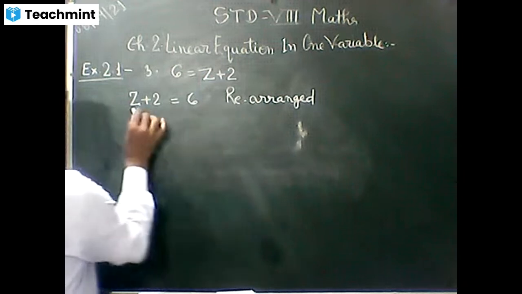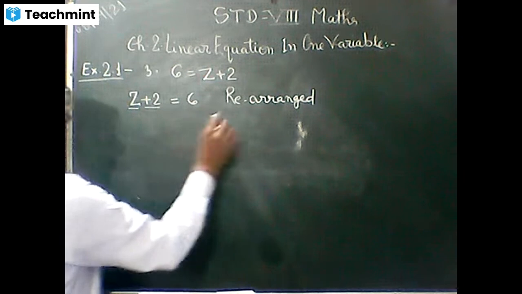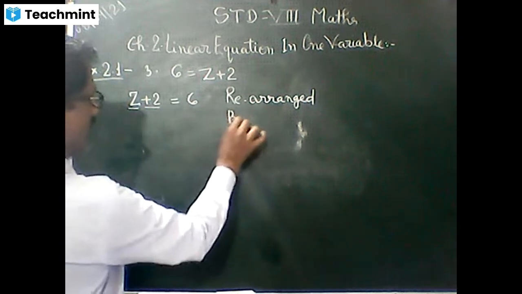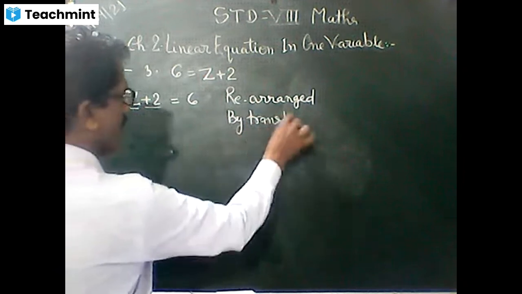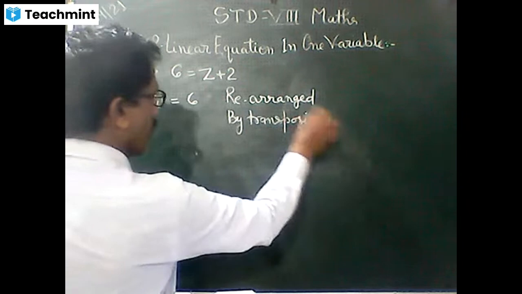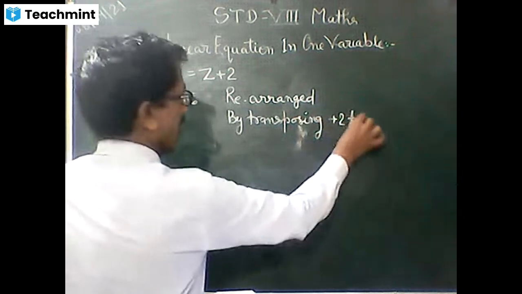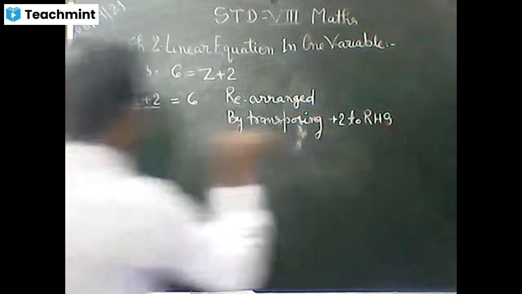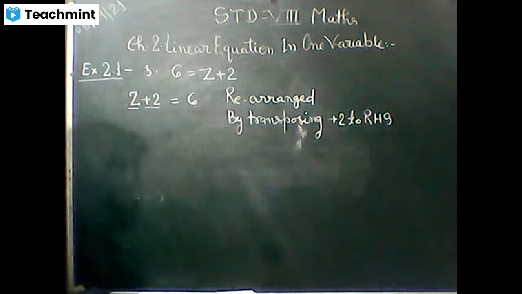So this is our variable and this is our non-variable, or in the transposing order, we have to write by transposing plus 2 to the right hand side. If it is in the left hand side, then transpose to the right hand side.